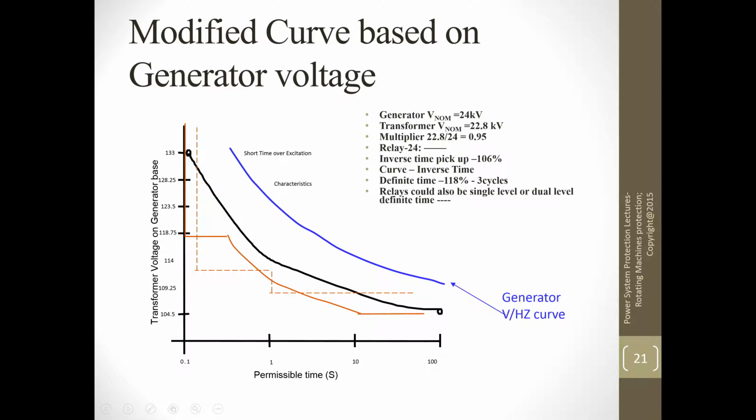Both of them are adjusted to the same voltage base. Here you have a generator at 24 kV, the transformer is set to 22.8, and the multiplier is 0.95 for the transformer curve. Then you look at the generator curve and the transformer curve, and you set the protection so that it is below any of these, so you are not reaching the limits on both the transformer and the generator.